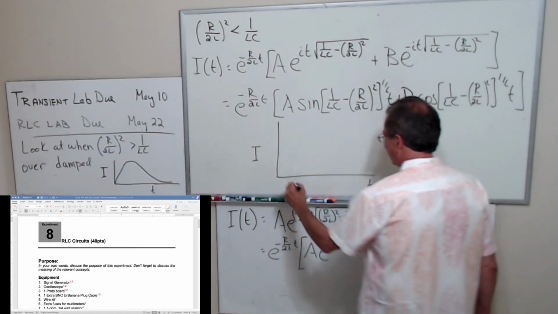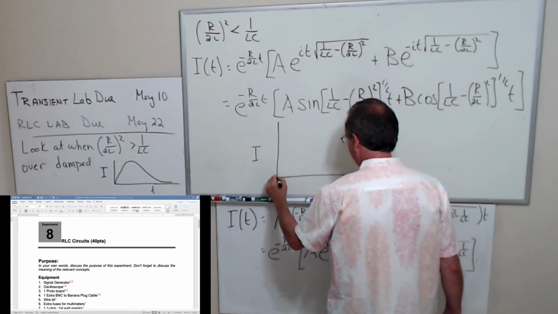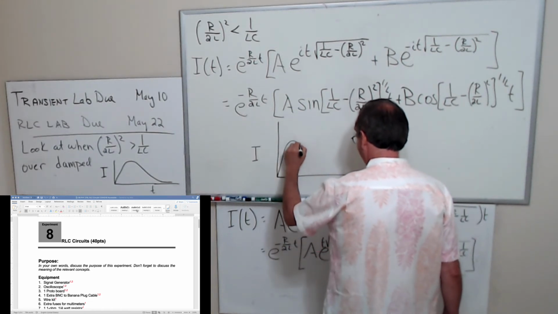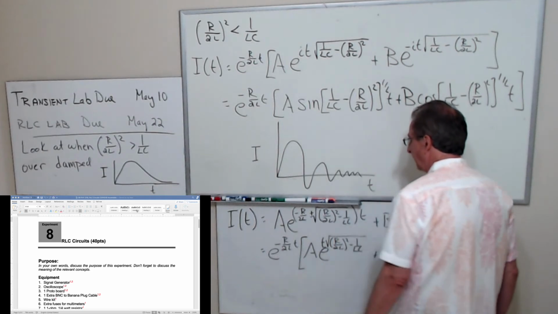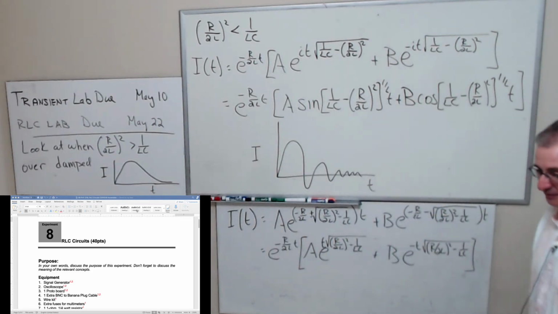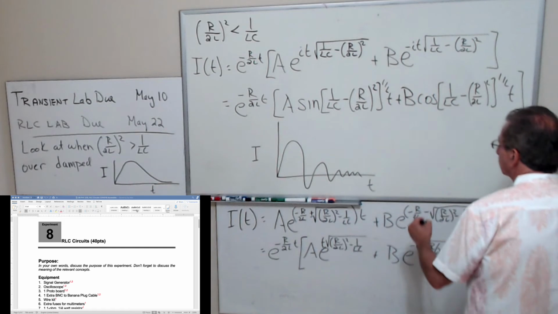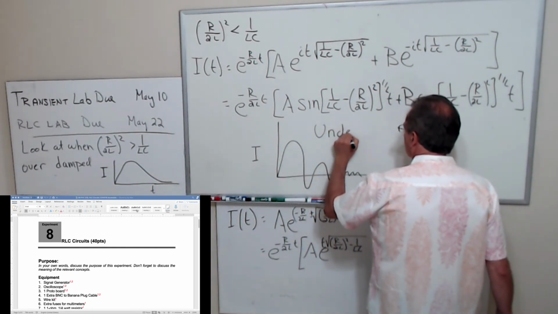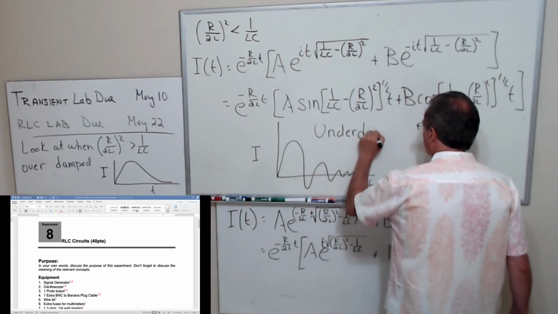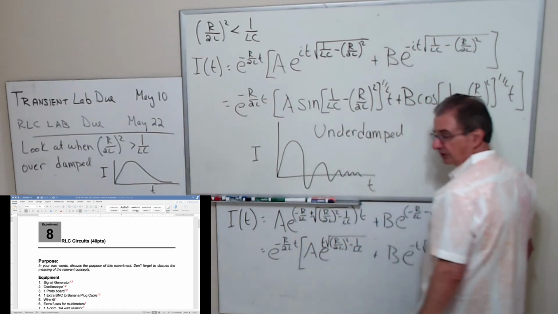The magnitude of the sine is decreasing, like the amplitude. The amplitude is decreasing. I'm going to have a hard time plotting this. Looks like that. So this is called underdamped. The current oscillates to 0.